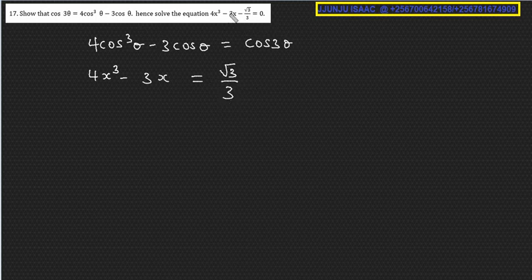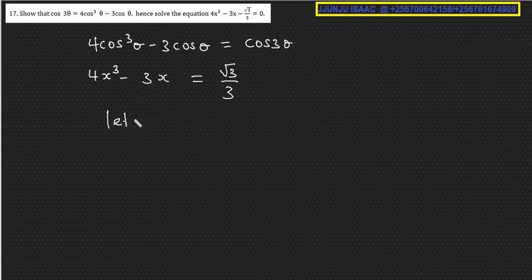So we're just comparing. When you see we have a 4, 4, 3, 3, minus, minus, and the equal sign, it implies that we can see that x can be replaced with a cos.